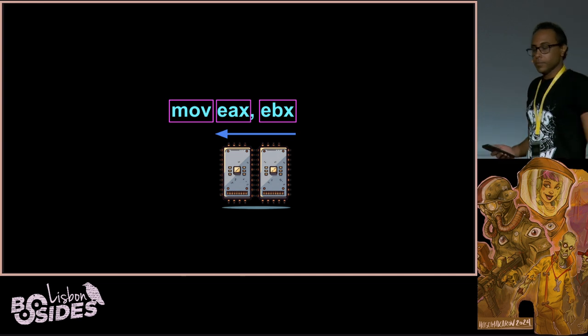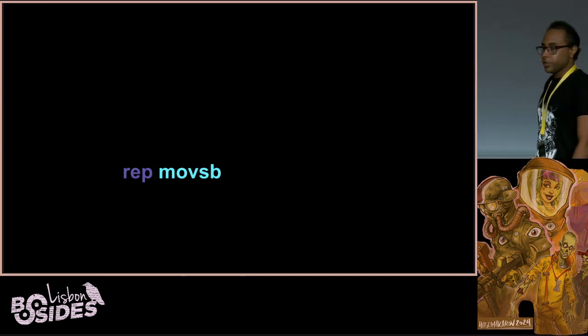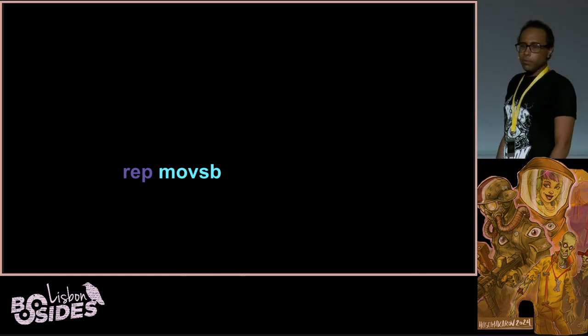Okay. Simple, I think. And then there is another instruction that looks a little bit more complex because it's shorter. In this case, we have the instruction, but we don't have the operands. We don't have where is the source and the destination, move, but what is it? The reason for this is that the operands of this one are implicit.